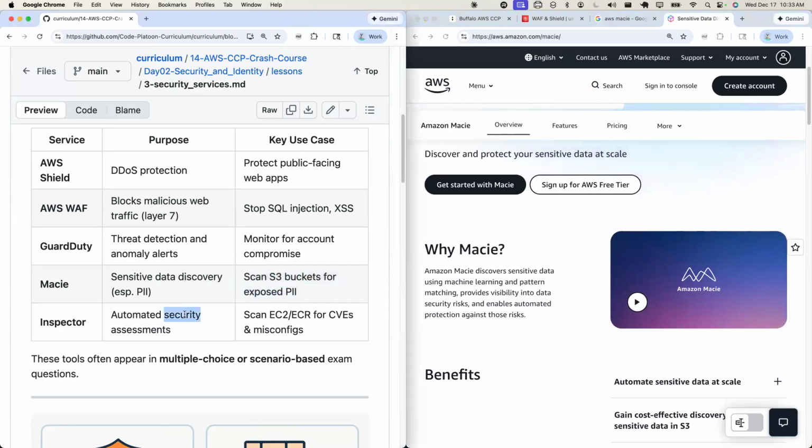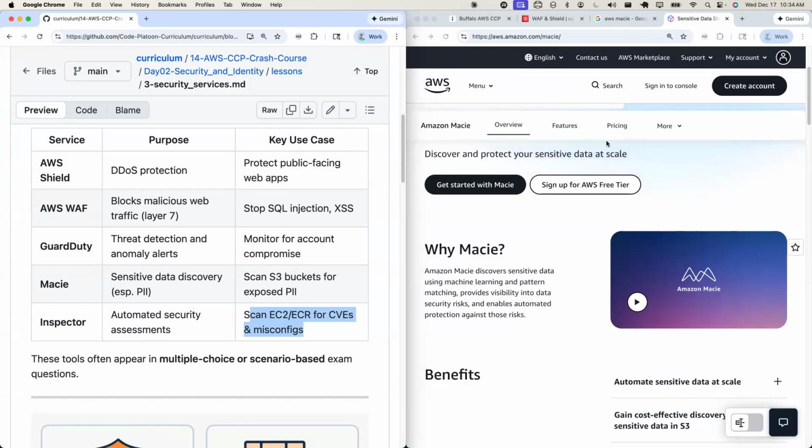And finally, there's something called Inspector that will look at all of our EC2s and some other resources to see if there are common vulnerabilities or common misconfigurations and flag them for us. Because let's just pretend Netflix is using AWS. They might even have thousands of EC2 virtual servers and stuff.